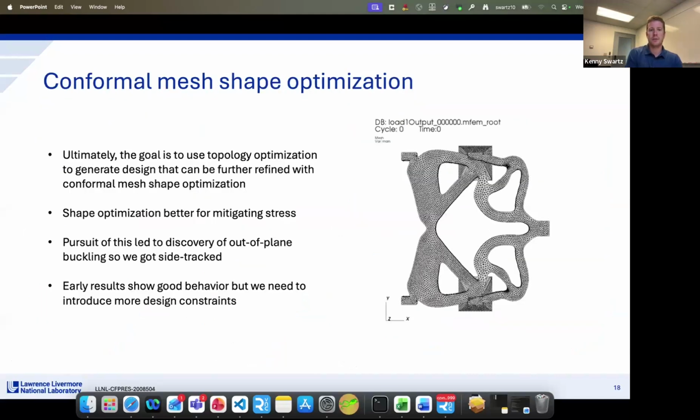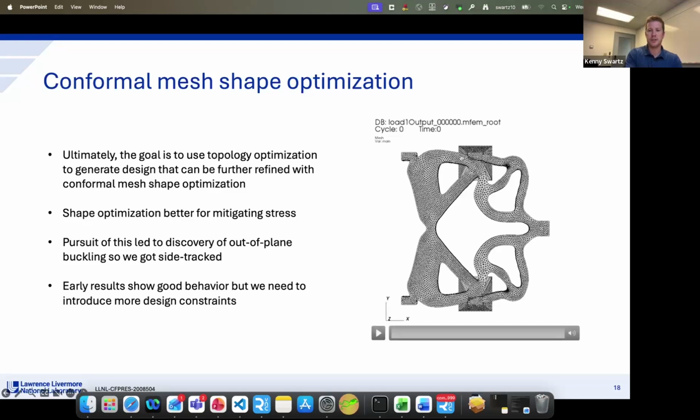As I mentioned, one of the things we want to look at is shape optimization on the conformal mesh. We're not quite there at the moment, but the ultimate goal is to use topology optimization just to create an initial mesh that we can perform shape optimization on. But with this, one thing we'll have to be very careful about is avoiding self-contact, because we would either have to model that contact in the prediction of the performance, or we can just write design constraints to avoid it, which would probably be the easier way to start.